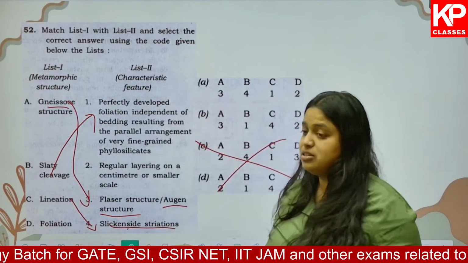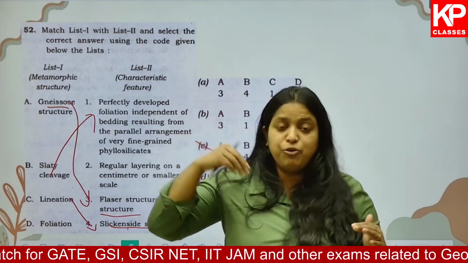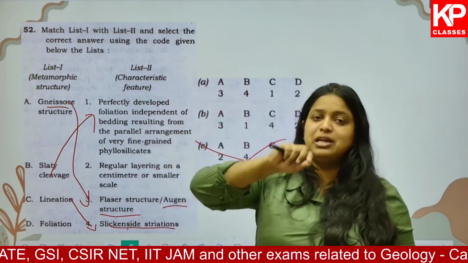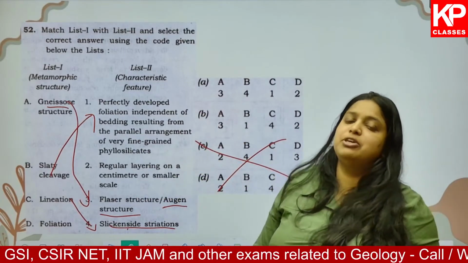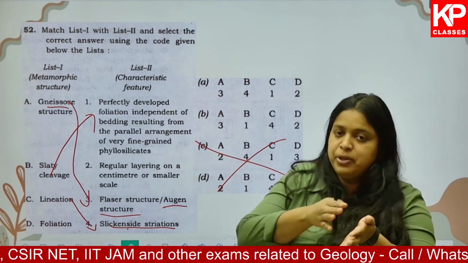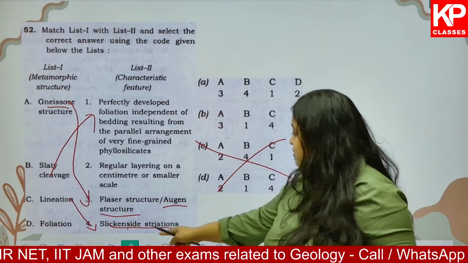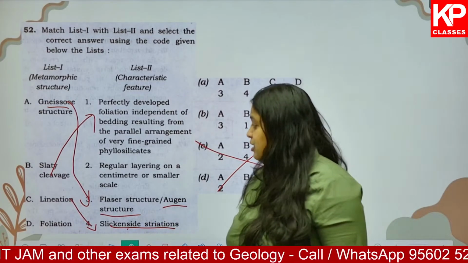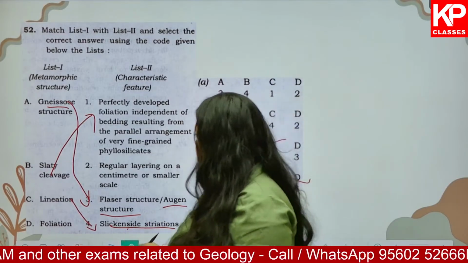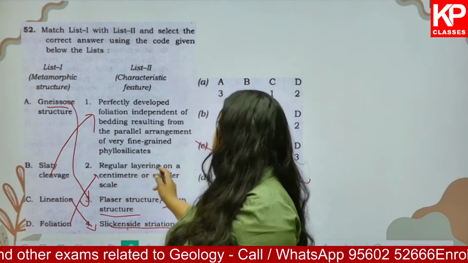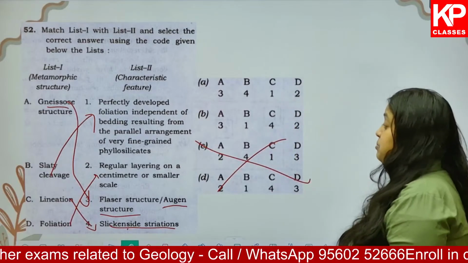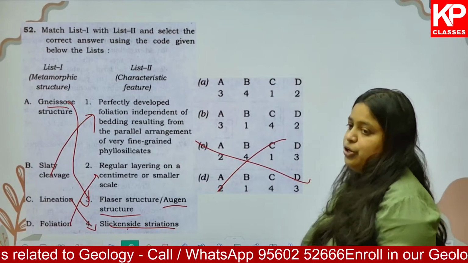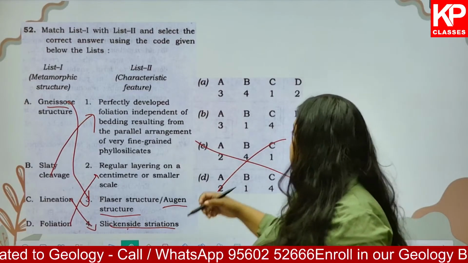Slickenside striations are associated with faulting. On the fault plane, you will get markings developed because of the frictional activity during the faulting. So those lines are the slickenside striations, which are a linear structure, right? Then foliation is regular layering on a centimeter or smaller scale. So the answer is B.